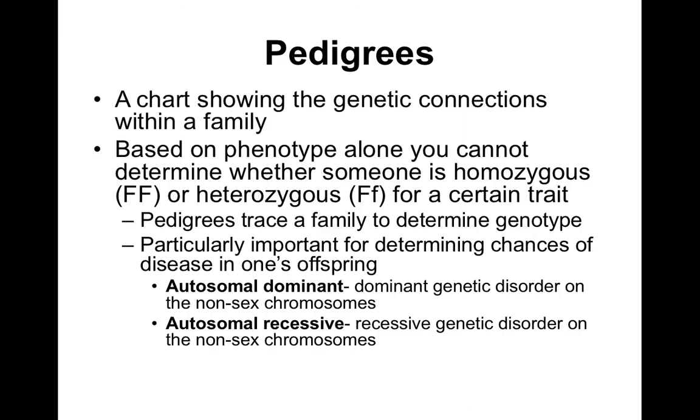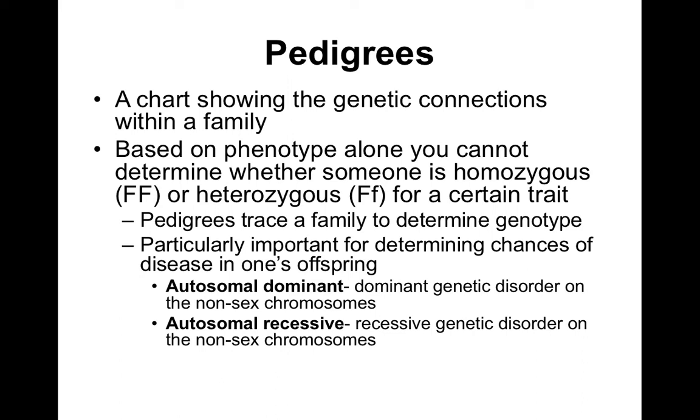Now, a pedigree. Every time I hear the word pedigree, I think of dog food. However, in genetics, a pedigree is basically a roadmap showing you generations of individuals, generations within a family, and how the genes have been inherited. So based on the phenotype, and we actually did this without drawing a pedigree in lab the other day, because when we were trying to figure out your genotype, we thought back to your parents and what their phenotype would be.